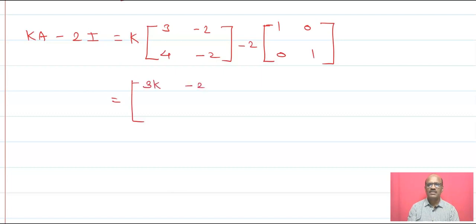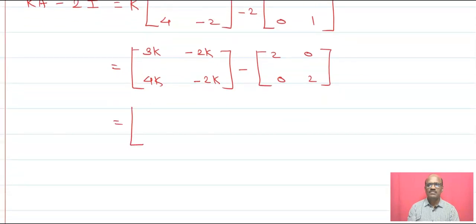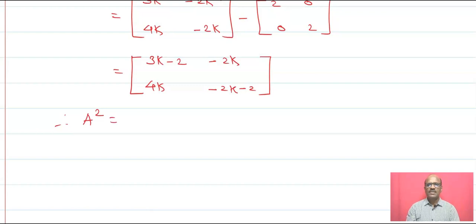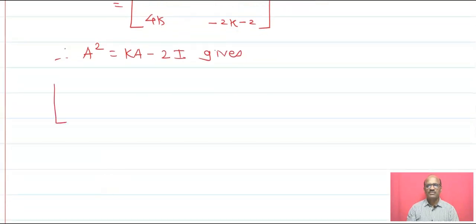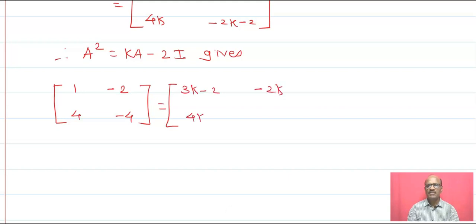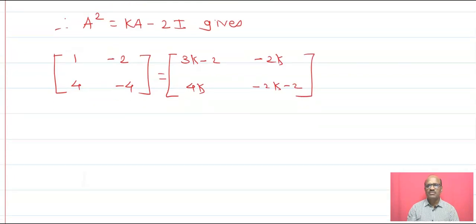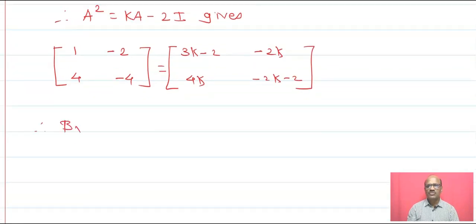Therefore, you will get [3k, -2k; 4k, -2k] minus [2, 0; 0, 2], which gives [3k - 2, -2k; 4k, -2k - 2]. So A squared is equal to kA - 2I gives: now we will equate [1, -2; 4, -4] with [3k - 2, -2k; 4k, -2k - 2].